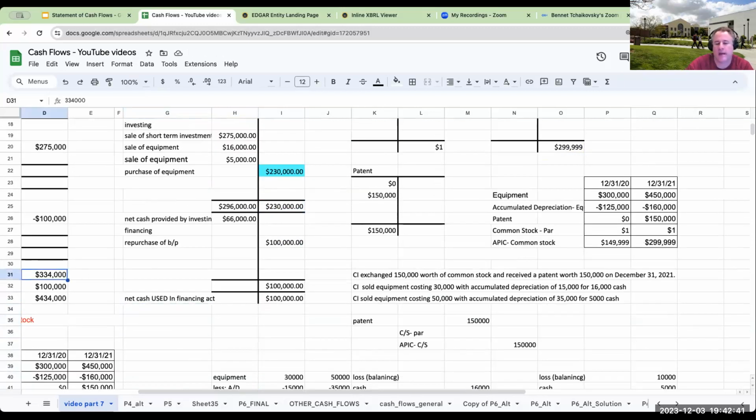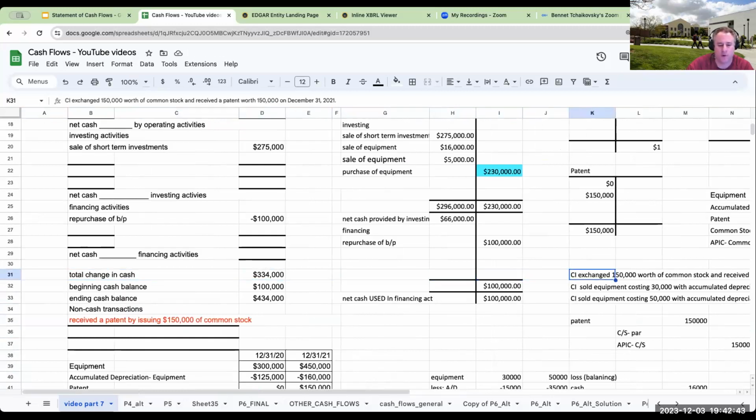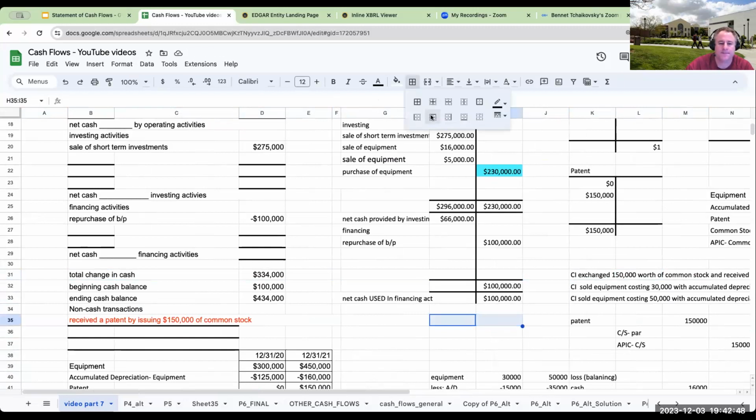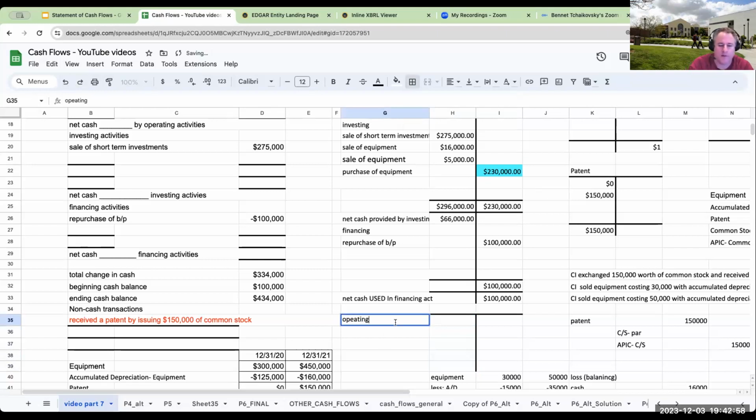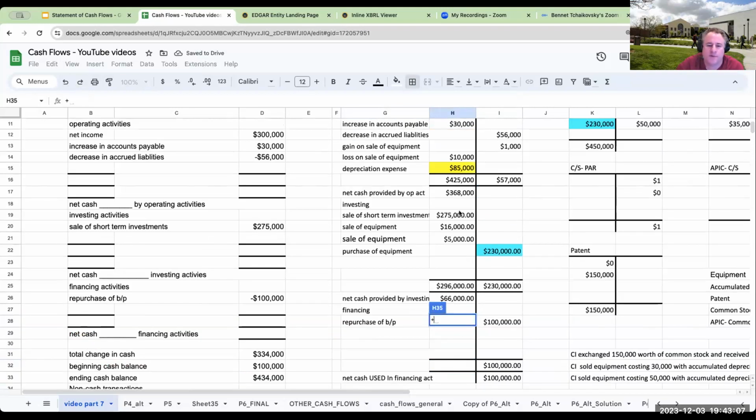Last thing I'm going to do is check my work. I know that the total balance has to equal 334. So if I did a little T account right over here, and I'm going to redo that: operating, investing, financing. My operating was 368.